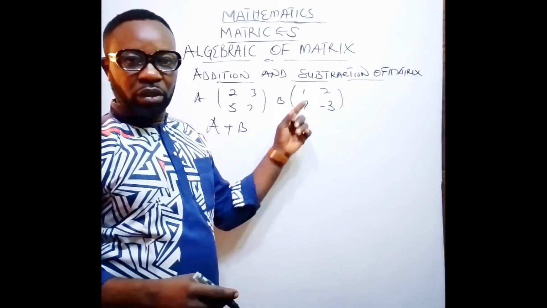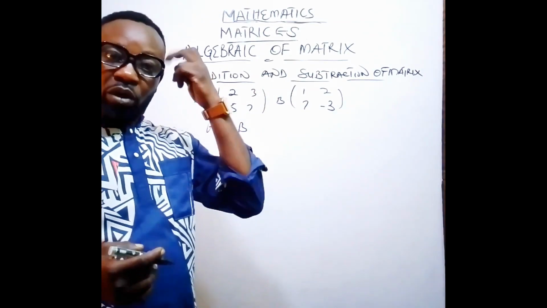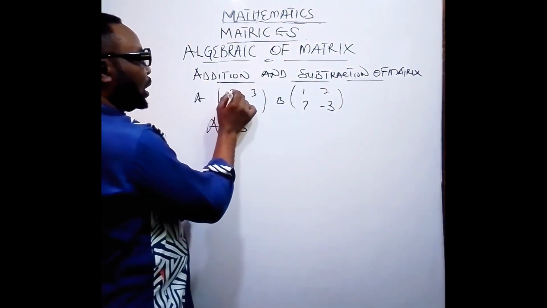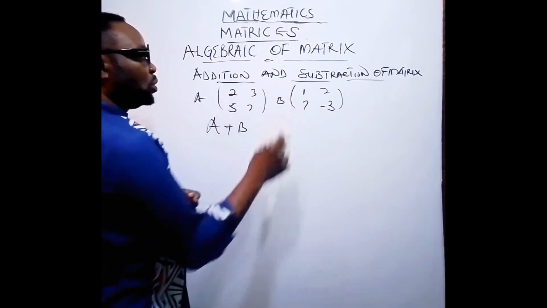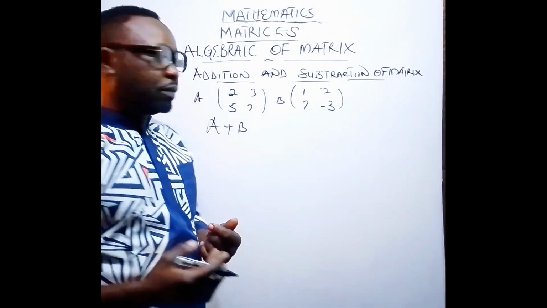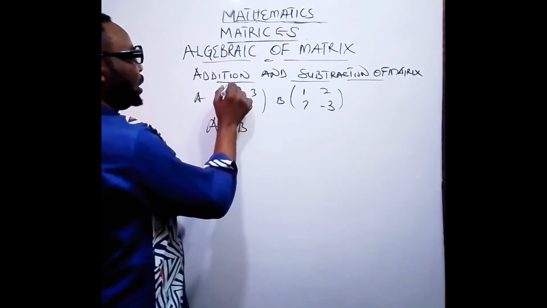this is possible to add together. What you do here is look at the rows and columns, and the entries that occupy the same positions will be added together with one another.